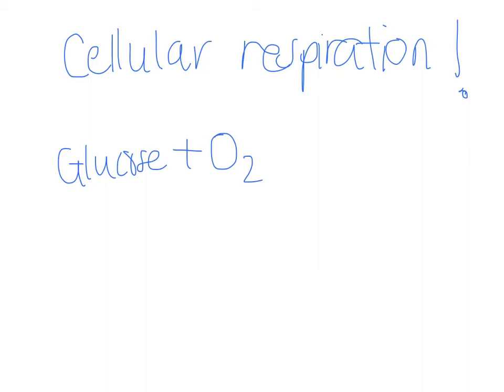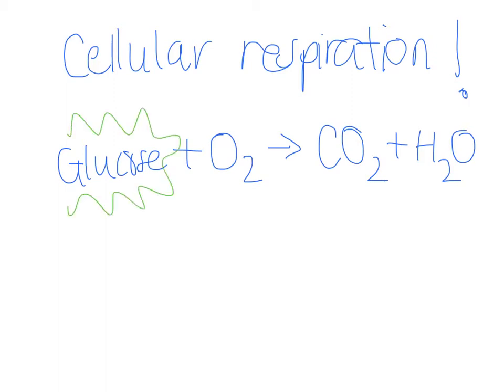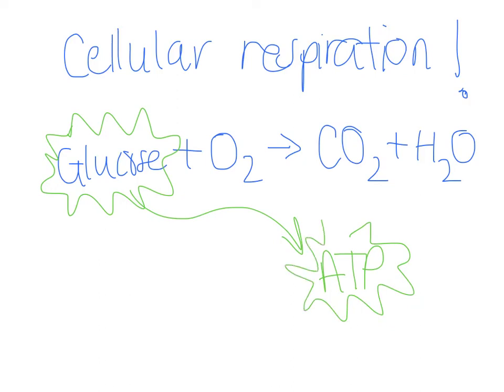Cellular respiration takes glucose and oxygen, and it turns those two things into CO2 and water, just like a fire releases CO2 and water. In that process, energy from glucose, there's loads of energy stored in the glucose, it gets stored up in ATP. And then once you have ATP, you can do anything. So that is everything you need to know about cellular respiration.